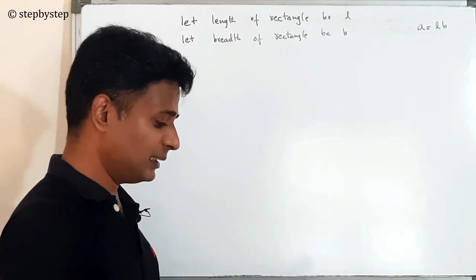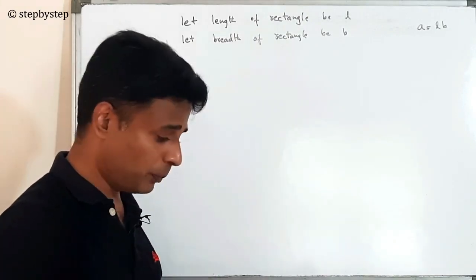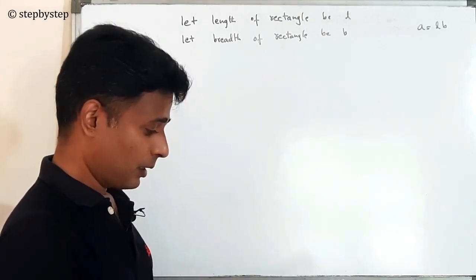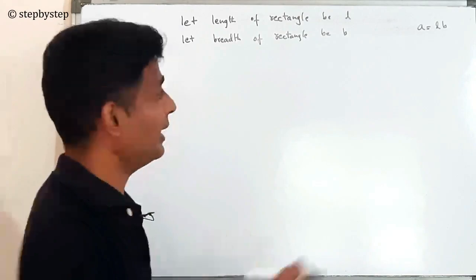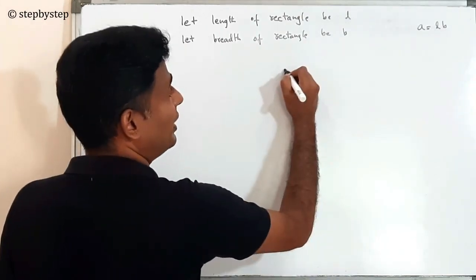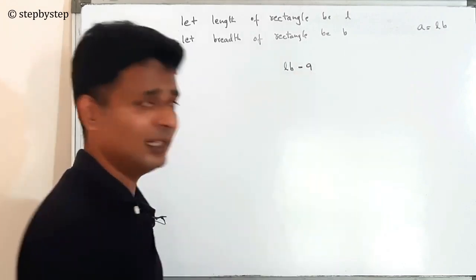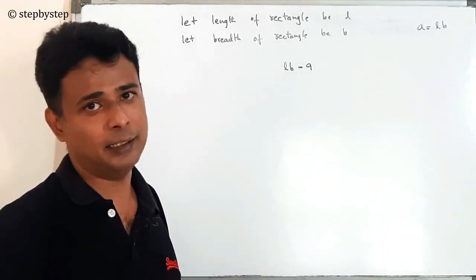The area gets reduced by 9 square units, right? So what is the original area? L into B. If it is getting reduced by 9 square units, it means the new area is LB minus 9.